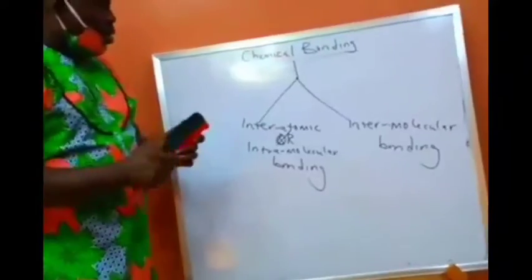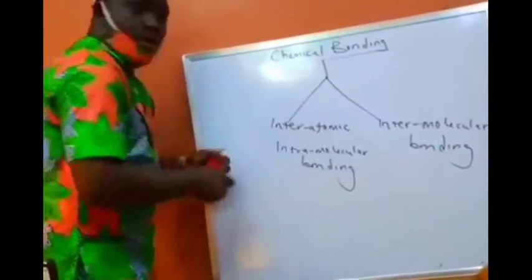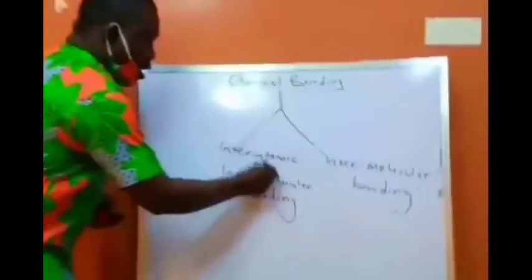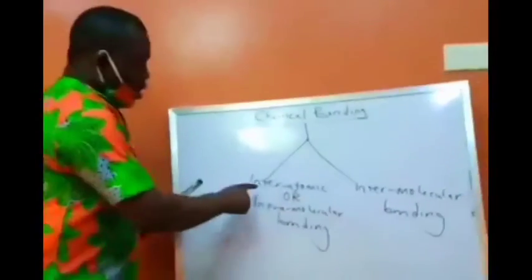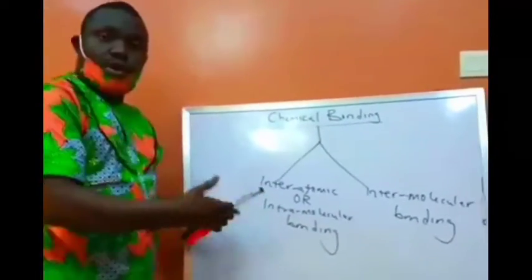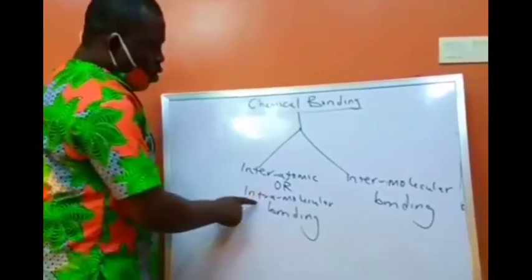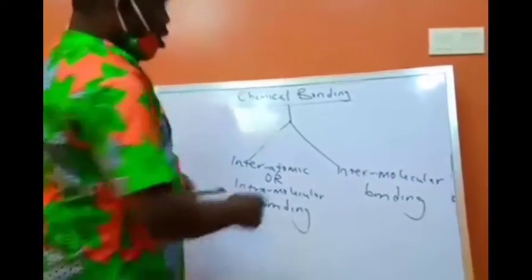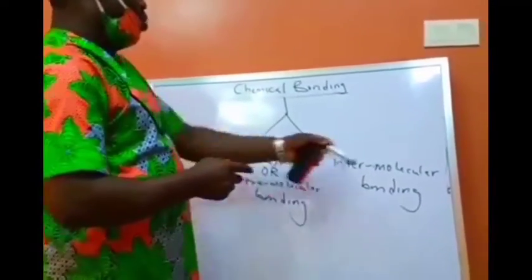Okay, so this is the basic way of categorizing chemical bonding. Interatomic can also be called intramolecular bonding, and then you have intermolecular.